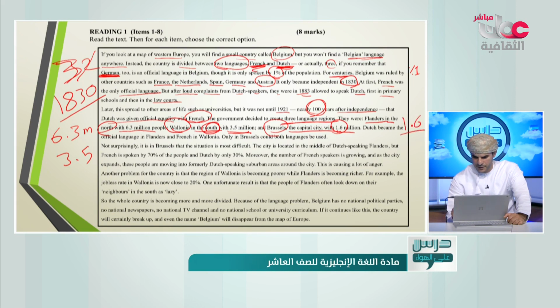Dutch became the official language in Flanders and French in Wallonia. Only in Brussels could both languages be used. Okay, you see how to read?